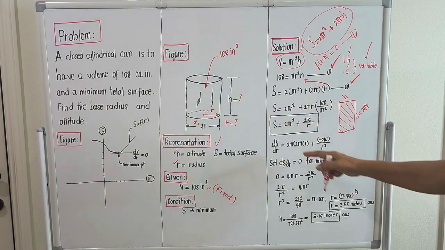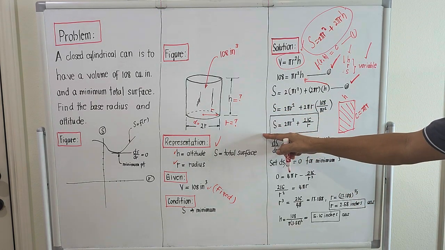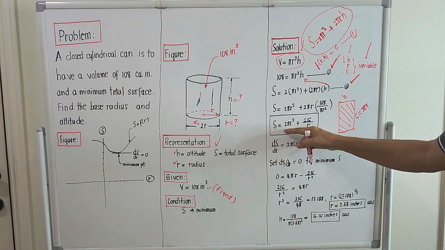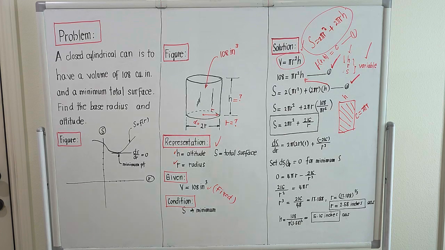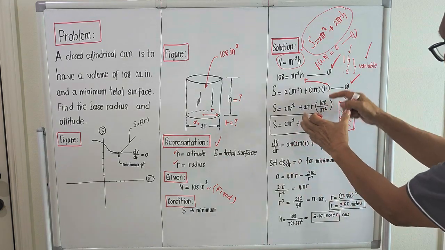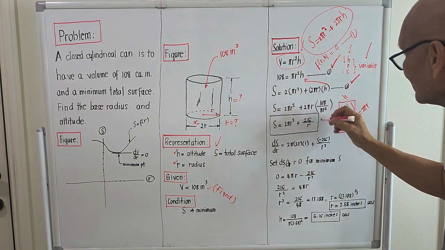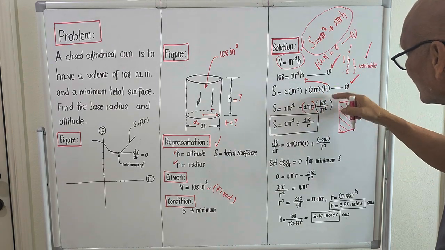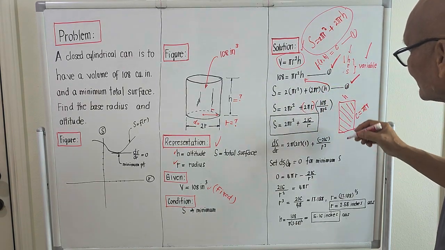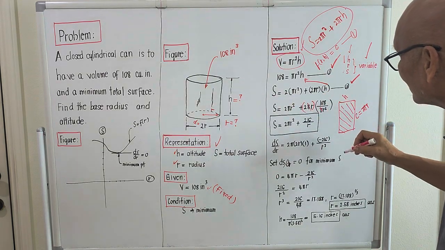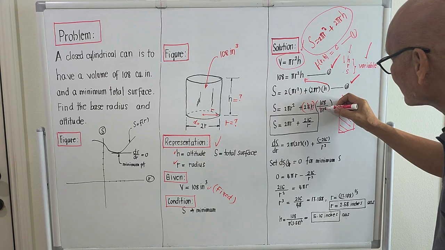Simplifying this one, capital letter S, the total surface area required, should be equal to 2 pi r square plus this term. This is now the cancellation, guys, where many of you made some mistakes. The operations on the numerator are multiplication: 2 pi r times 108 over pi r square. This pi cancels with this pi, and this r cancels with this.